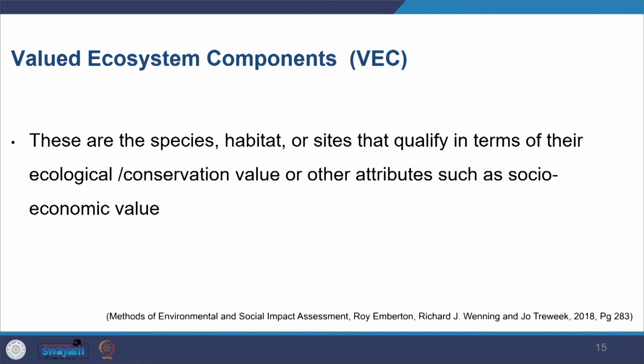Valued ecosystem components are the species, or it can be habitats or sites, that have ecological and conservation value, or other attributes such as socioeconomic value to the people who are affected by the project, or who are in the project area. Any significance which it has, those species, habitats or sites have to be identified. So, valued ecosystem components.